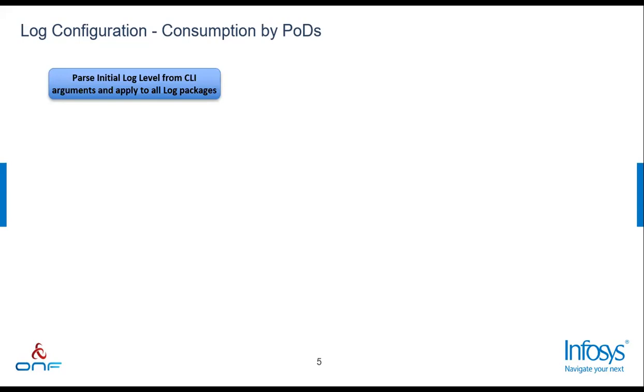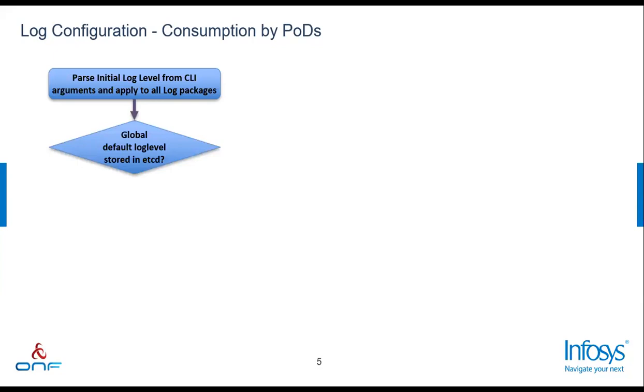Basically, when the pod comes up, it passes the initial log level from the CLI, which is usually passed through the Helm charts. It applies it to all the log packages which are configured. So all the log packages default to the initial log level at startup.